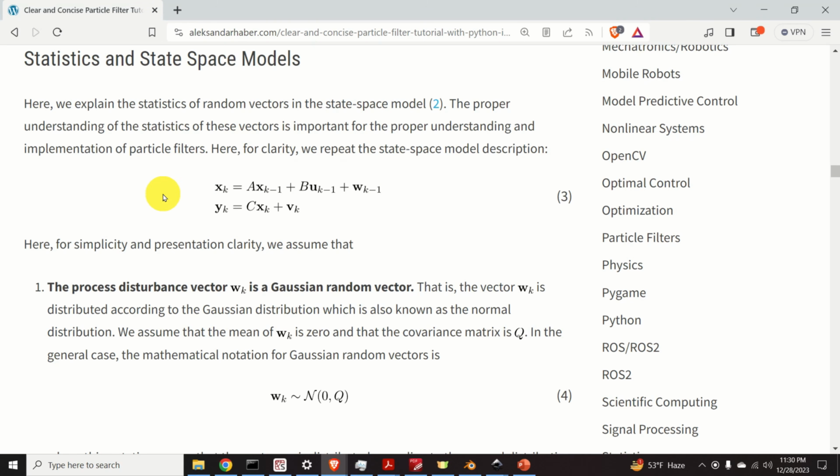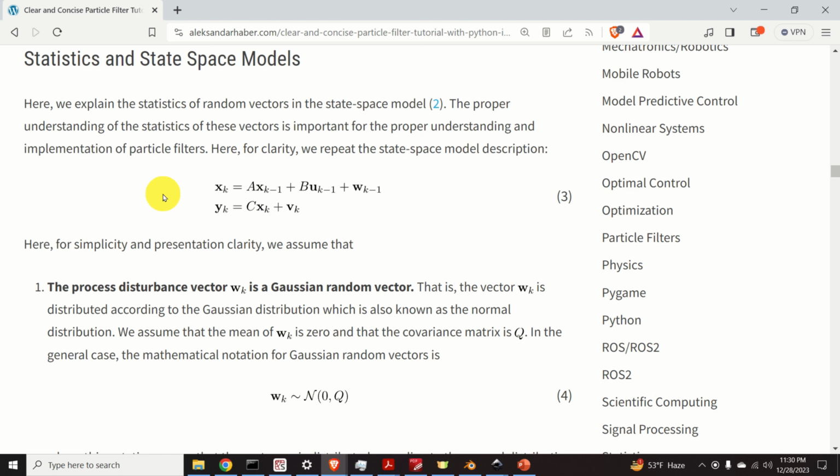Here we explain the statistics of random vectors in our state space model. The proper understanding of the statistics of the vectors is important for the proper understanding and implementation of particle filters. First of all, let's make a few additional assumptions. We introduce these assumptions for simplicity and for presentation clarity.